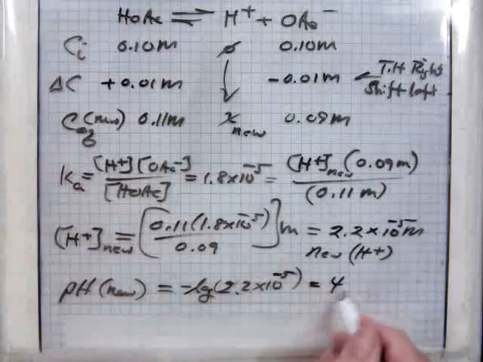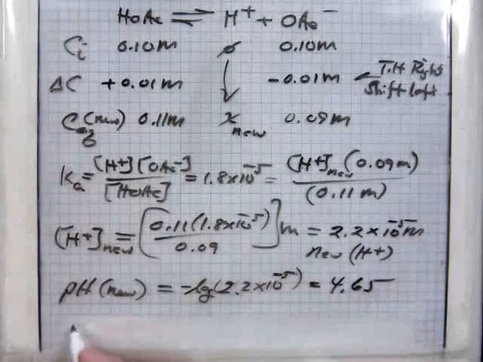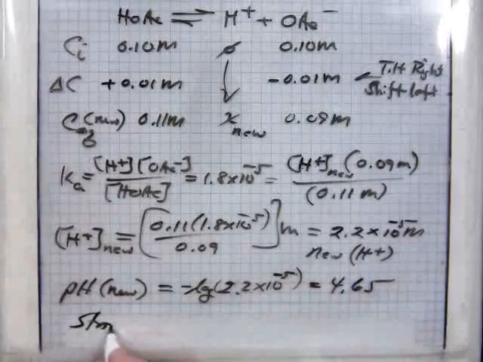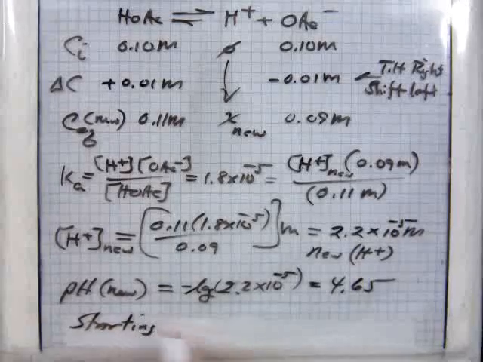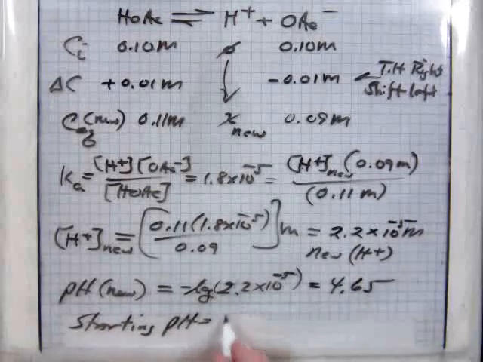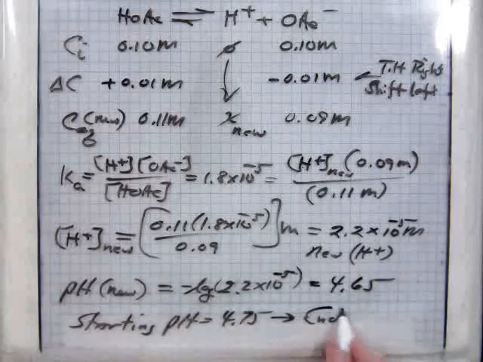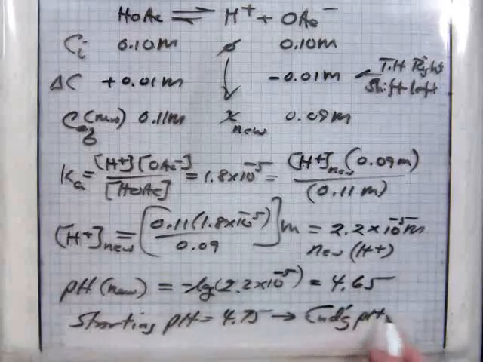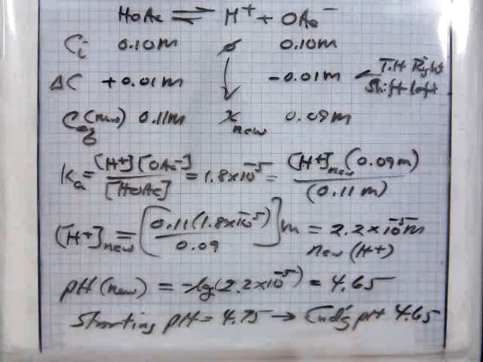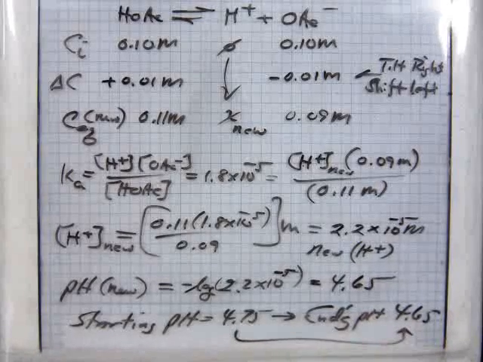4.65. We started at 4.75, and you went to an ending pH of 4.65. That's not much of a change. That's the idea here.